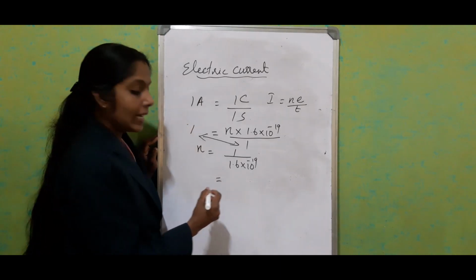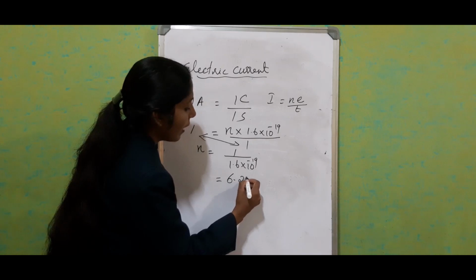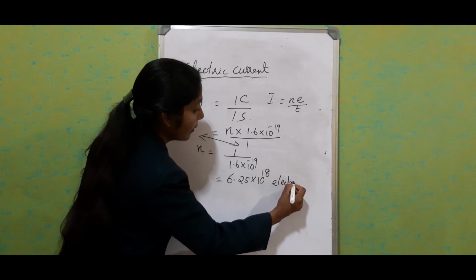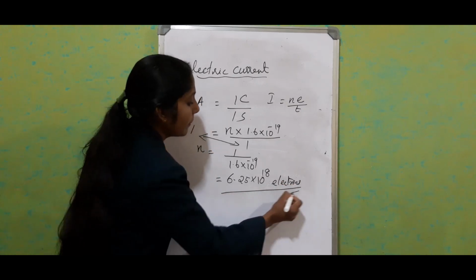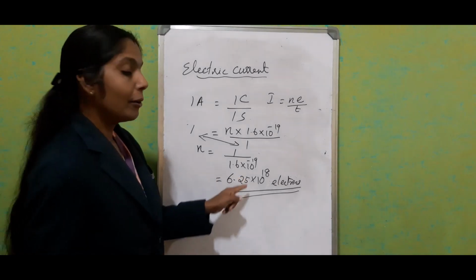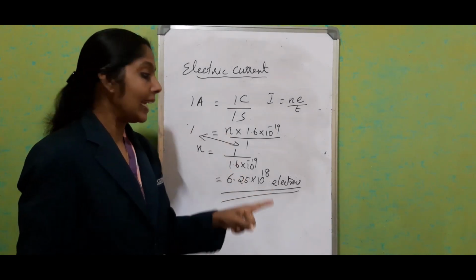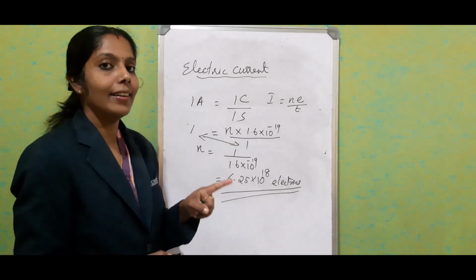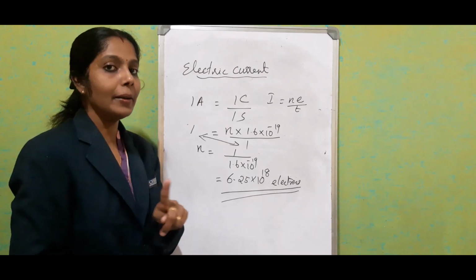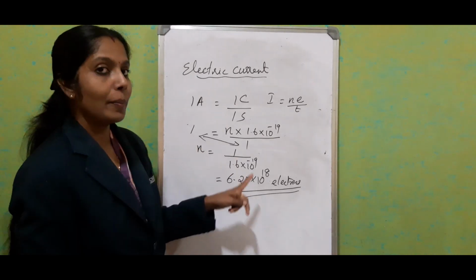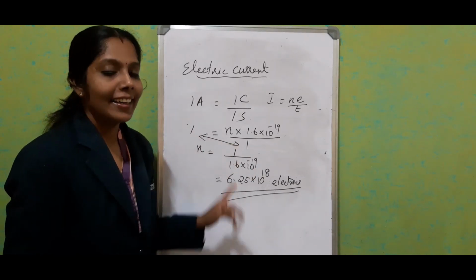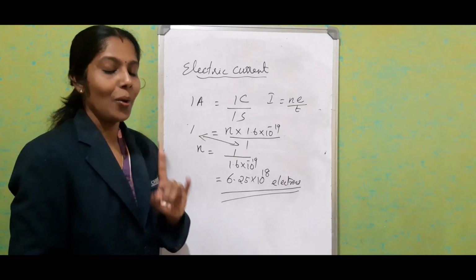After solving, we get 6.25 into 10 to the power 18 electrons. If you want 1 ampere current in 1 second, 6.25 into 10 to the power 18 electrons should move through that cross section in 1 second. Then we can say the current available in the circuit is 1 ampere.